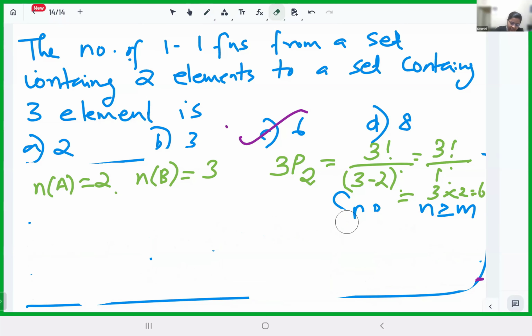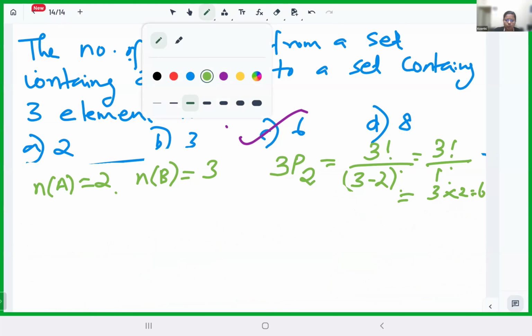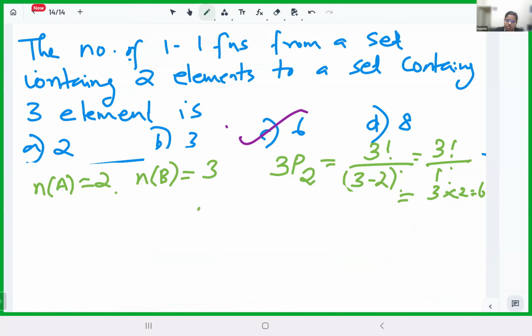If n is less than m, that is, if the first set contains more elements than the second set, then there will not be any one-one function, that is 0, right? n less than m gives 0. There won't be any one-one function on such a type of set.